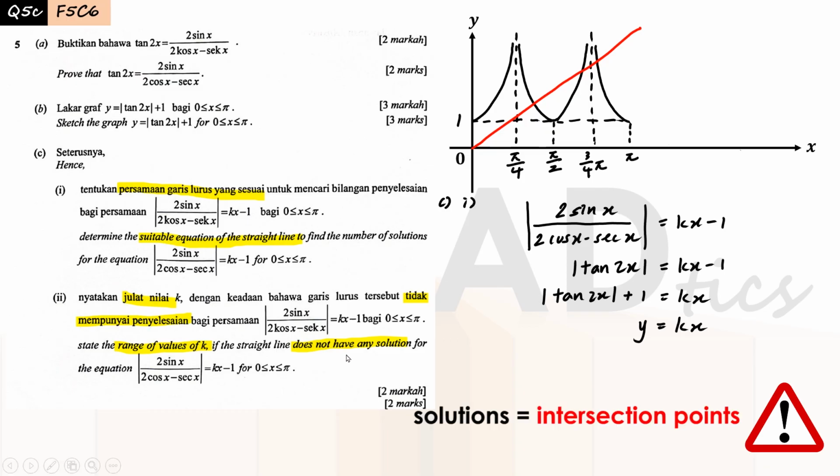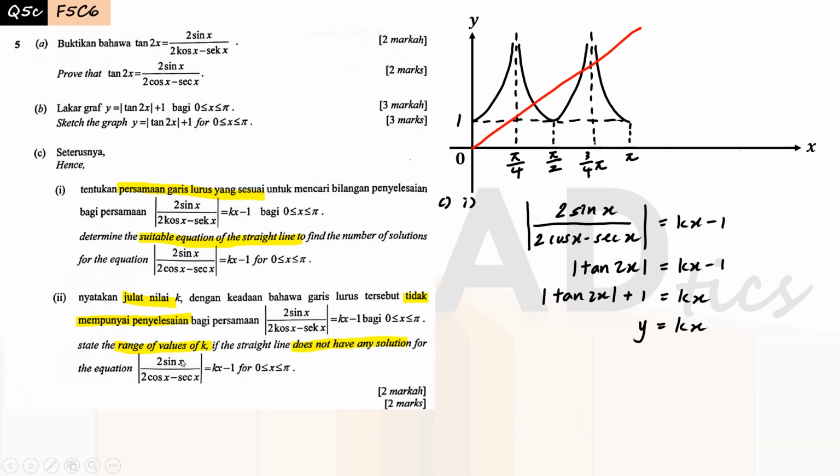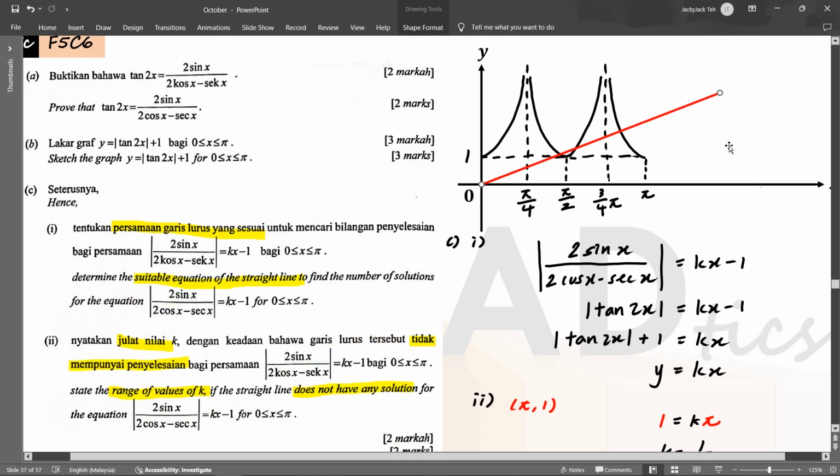Now it says does not have any solution. So this line cannot intersect with the graph that we have drawn just now. We need to find all possible values of k for which this happens. I'll explain it this way first because this application does not have the animation that I want.